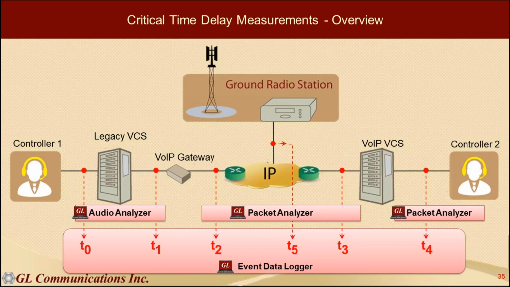So as we show that here, we've got the audio analyzer at the analog inputs, and we have the packet analyzer sitting at the IP elements of the network. And these things work in harmony in the sense that both the audio analyzer and the packet analyzer can send their events of interest, their timing events, down to what we call internally an event data logger.